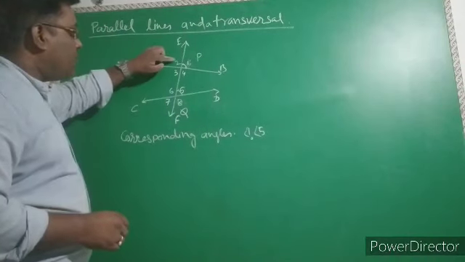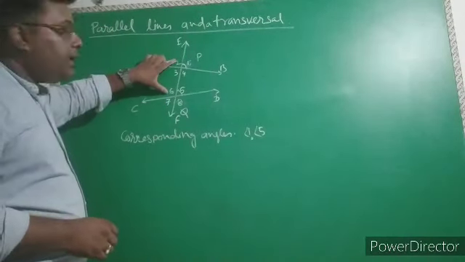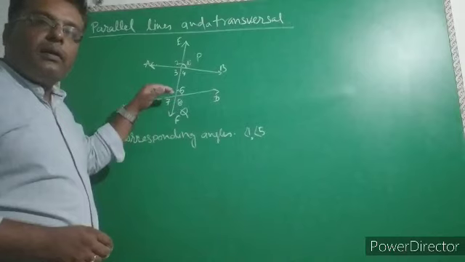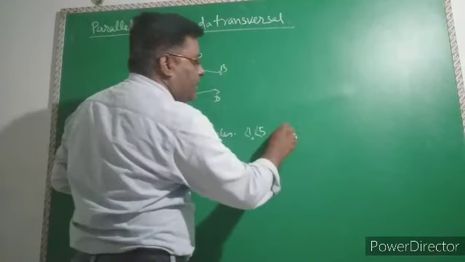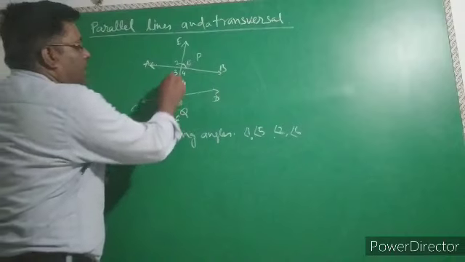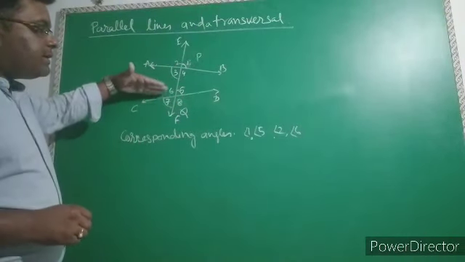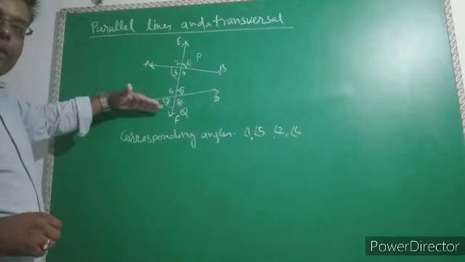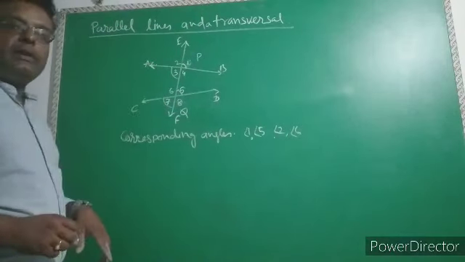Similarly, angle 2 and angle 6 are on the same side of the transversal and on the same side of the lines, that means in the upward direction. So 2 and 6 are another pair of corresponding angles. Similarly, angle 3 and angle 7 are on the same side, that is, on the down side of AB and CD, and on the left side of EF.